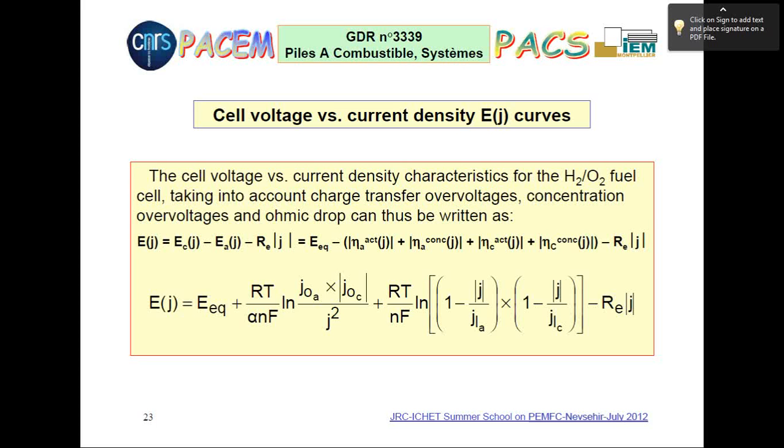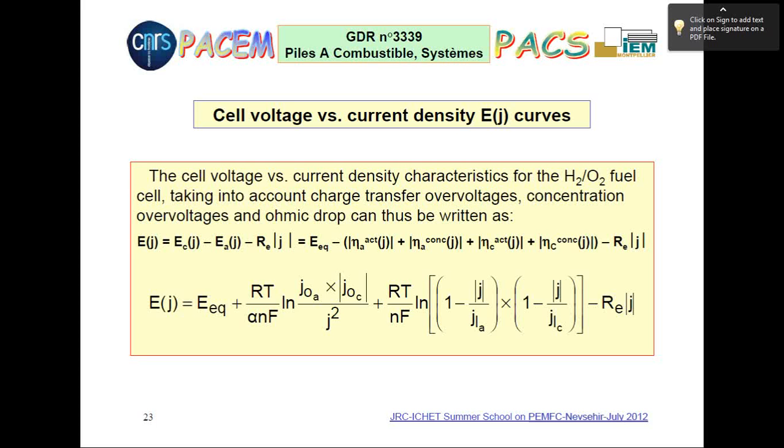You have the hydrogen electrode, it's nearly vertical on the graph, and it's linear, so it means that the overvoltage is equal to some resistance times the current density, and the resistance is a charge transfer resistance.